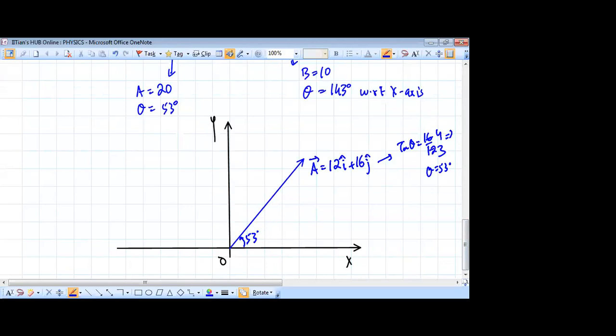So for this vector A, this angle with respect to the x-axis is 53 degrees. But for the vector B, what is happening is that it has a negative x component and a positive y component. So the vector B, what is its x component? -8, and y component? +6. So tan theta is equal to -6 by 8 or -3 by 4, and it's in quadrant 2, in second quadrant.